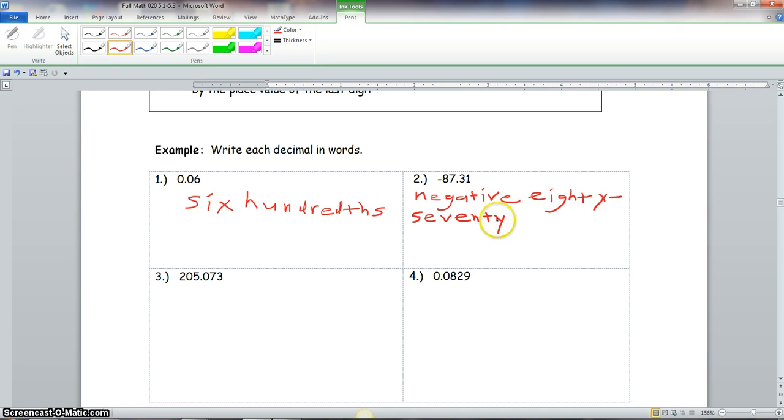Now we have negative 87. This was in front of the decimal. Now we have to include the decimal value, which is the word and. So we have negative 87 and then we'll write 30.